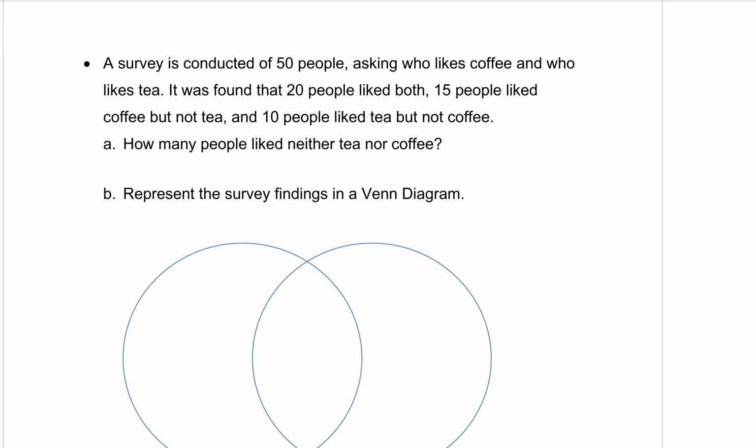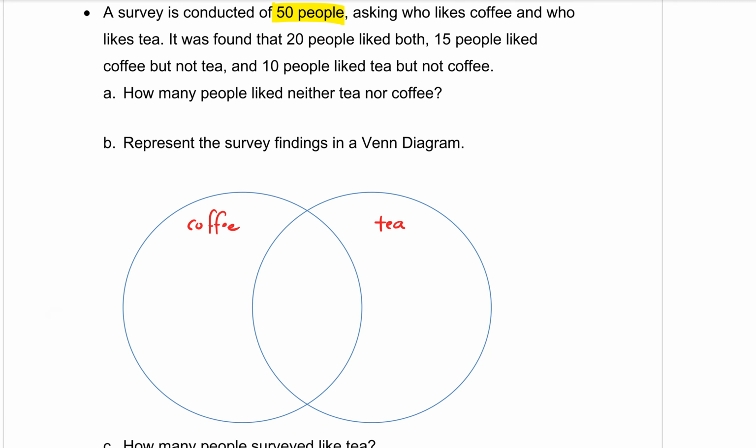So of 50 people, okay, that's important. There's 50 people in total asking who likes coffee and who likes tea. So let's make this the coffee circle, and this is going to be the tea circle. It was found that 20 people like both.